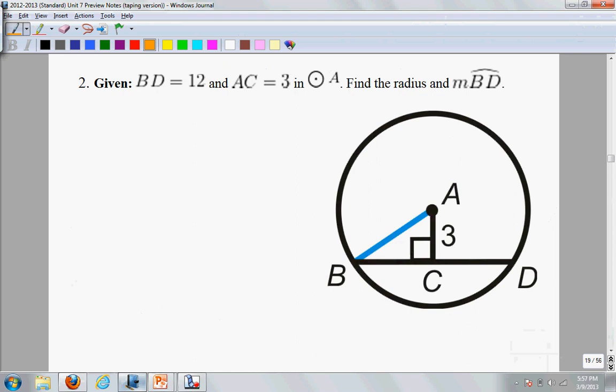Okay, let's see how you did here. We were told in this diagram that BD is 12. So let's trace B to D is 12, and A to C is 3.